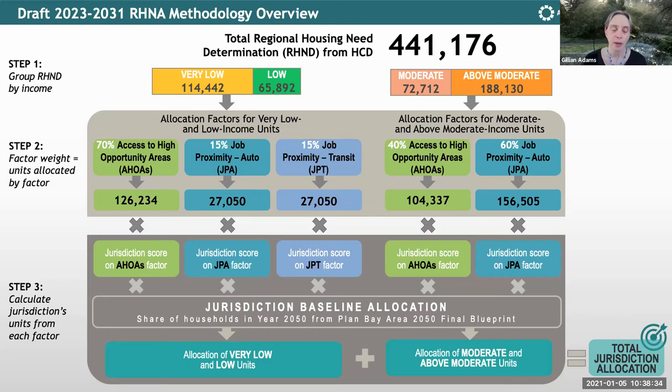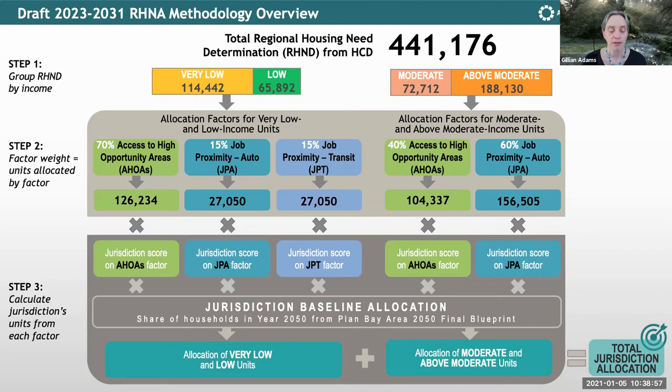The access to high opportunity areas factor is based on the jurisdictions with a higher percentage of households that are living in areas designated high resource or highest resource on the opportunity map developed by the state. The state evaluated census tracts using an index of 21 different indicators related to economic, educational, and health outcomes.